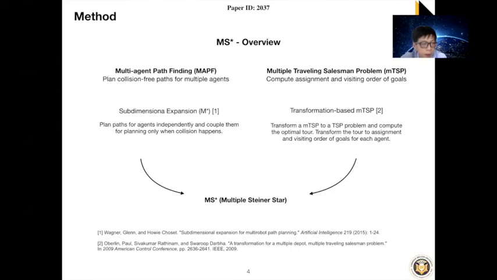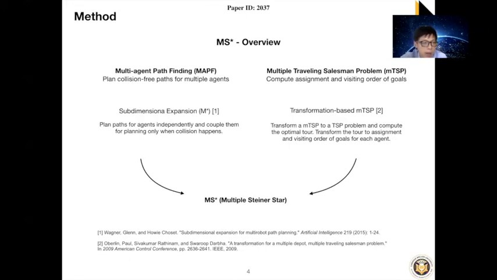To solve this problem, our approach brings together both subdimensional expansion, or M-star, for multi-agent pathfinding, and a transformation-based algorithm for the multiple traveling salesman problem. We leverage M-star to plan paths for agents independently and couple them for planning only when collision happens.